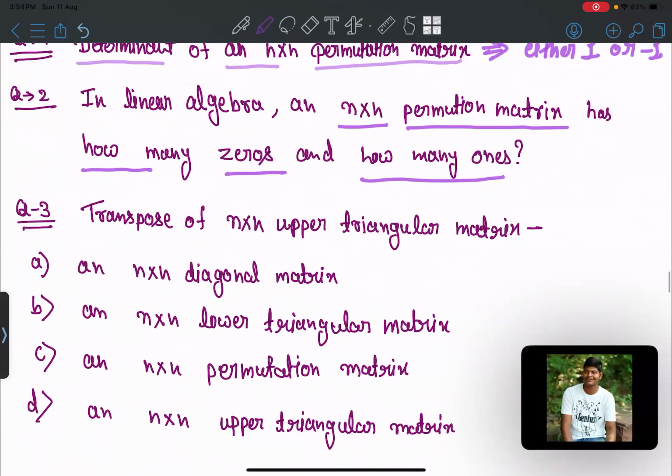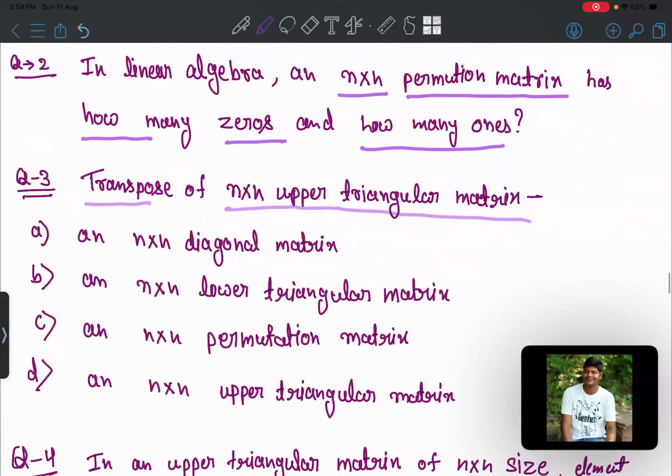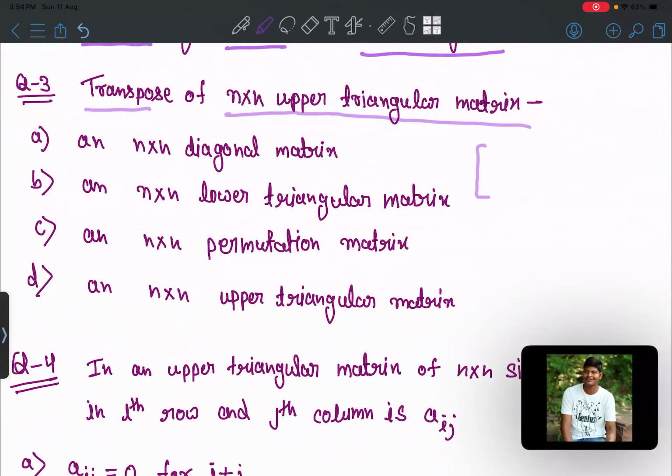Now, what will be the transpose of an upper triangular matrix? Please respond. Do you know what an upper triangular matrix is? An upper triangular matrix has terms 0 below the diagonal.